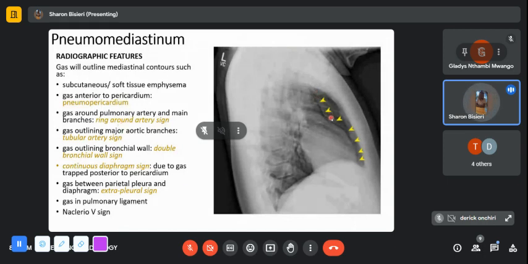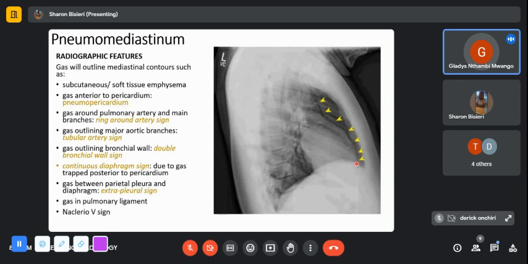For this image, before we proceed to the next one, from the text, they said in pneumomediastinum you'll have gas anterior to the pericardium, and then there's a term pneumopericardium. I was of the opinion that pneumopericardium is air within the pericardium itself and not anterior to it. So is this pneumopericardium or is this air anterior to the pericardium? It's pneumopericardium because it's within the pericardial sac.